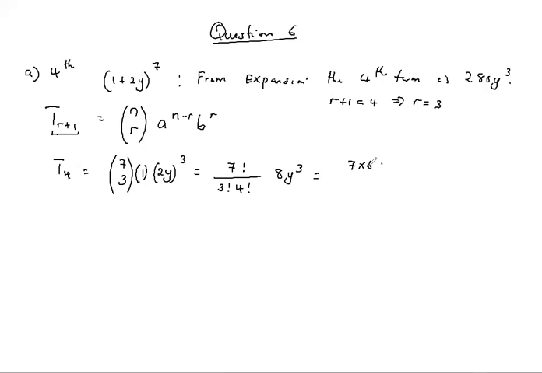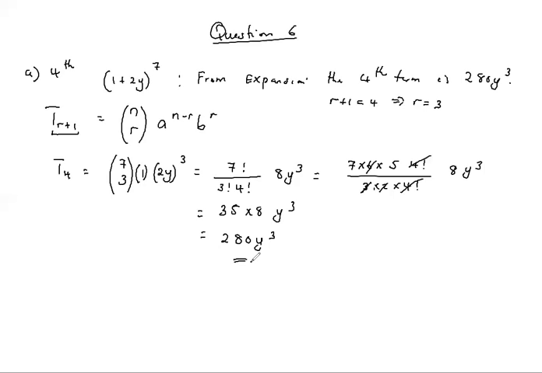That is 7 by 6 by 5 by 4 factorial over 3 by 2 by 4 factorial, 8y³. The 4 factorials cancel, 3 and 2 take away 6, so we have 7 by 5, giving us 35, then by 8, then y³. This is what we got as 280y³.